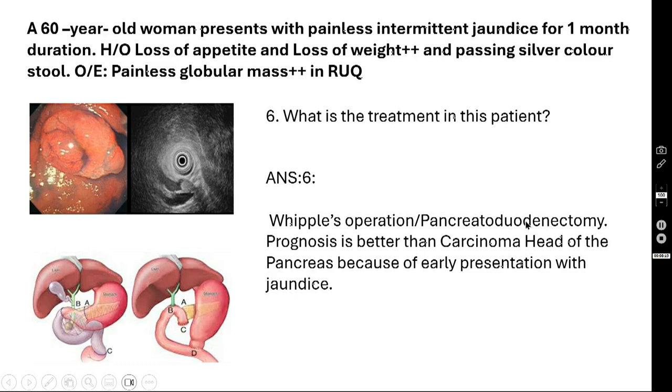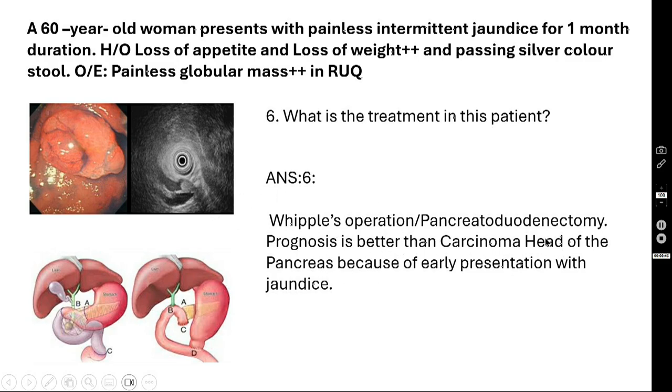But you have to decide, like in CA head of the pancreas, the level of invasion of the tumor into the nearby vessels. And then you have to decide whether it is resectable, unresectable, or borderline resectable. Same as CA head of the pancreas.